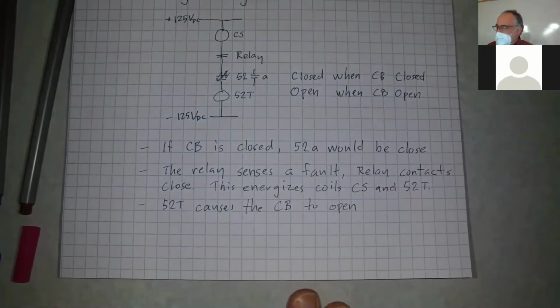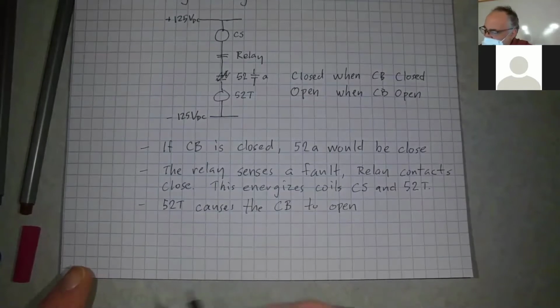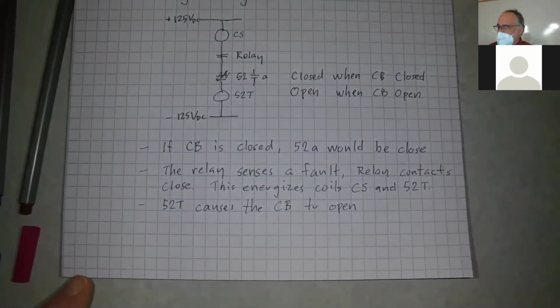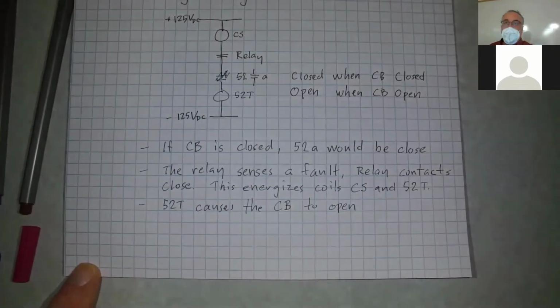Okay, so the trip coil causes the circuit breaker to open. Okay, when it begins to open, the relay is going to open again, right?